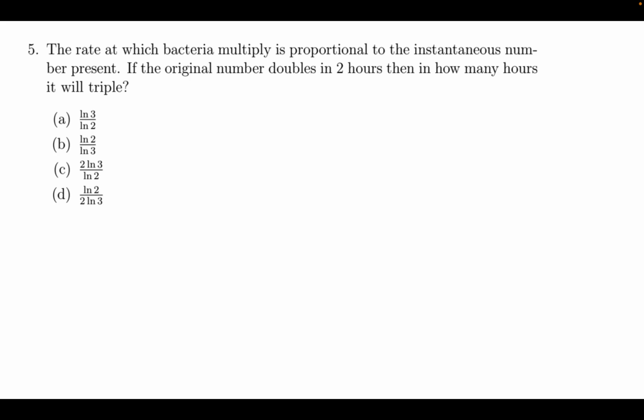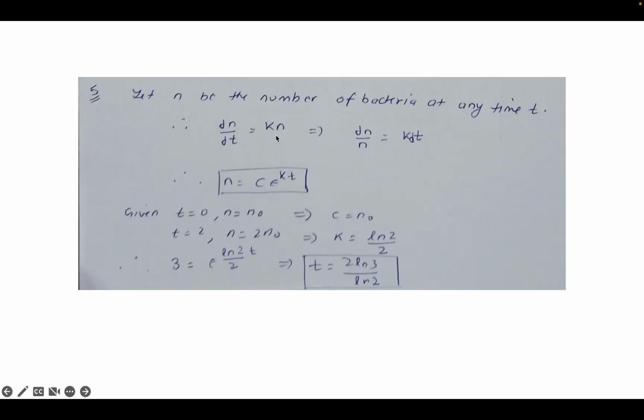The rate is equal to dn by dt, because the rate of change of bacteria with time is dn by dt. So let's go through the answer. You have n number of bacteria at any time t, and the rate of change in the number of bacteria is proportional to the number itself. Here I have replaced the proportionality constant by some value k.